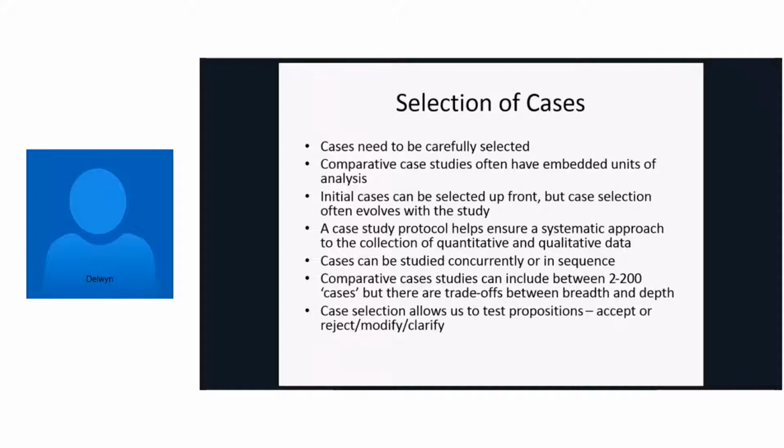So let's go to the next slide here, which is about how we select the cases. And I've already emphasised, I think, that cases have to be carefully selected. This is not about we're implementing this in 5 school districts or 5 different communities, therefore we're having 5 case studies. This is about selecting the case studies that are of most theoretical relevance given your program theory. We may have embedded units of analysis.